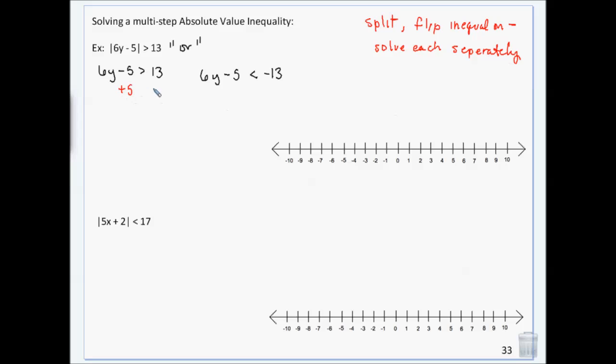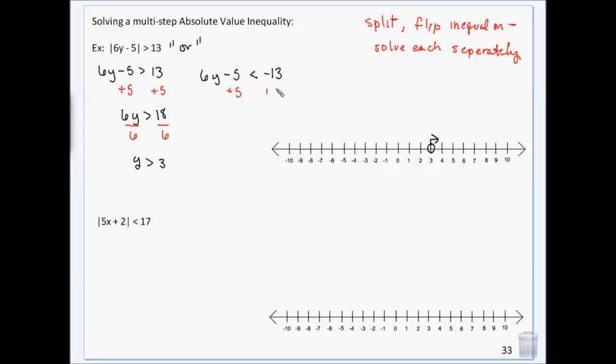So I'll add 5 to both sides here, giving me 6y is greater than 18. I'll divide by 6, giving me y is greater than 3. So that way.